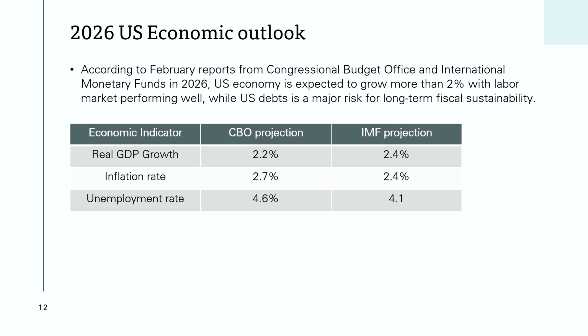However, both the IMF and CBO highlight that rising US federal debt poses a long-term risk to fiscal sustainability. The table compares specific projections from the two institutions, showing their expectations for GDP growth, inflation, and unemployment.